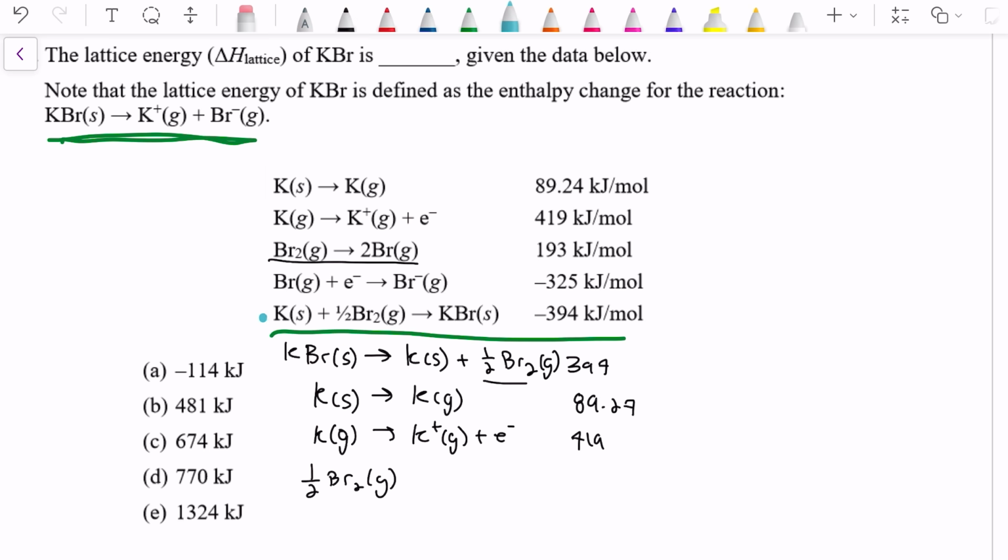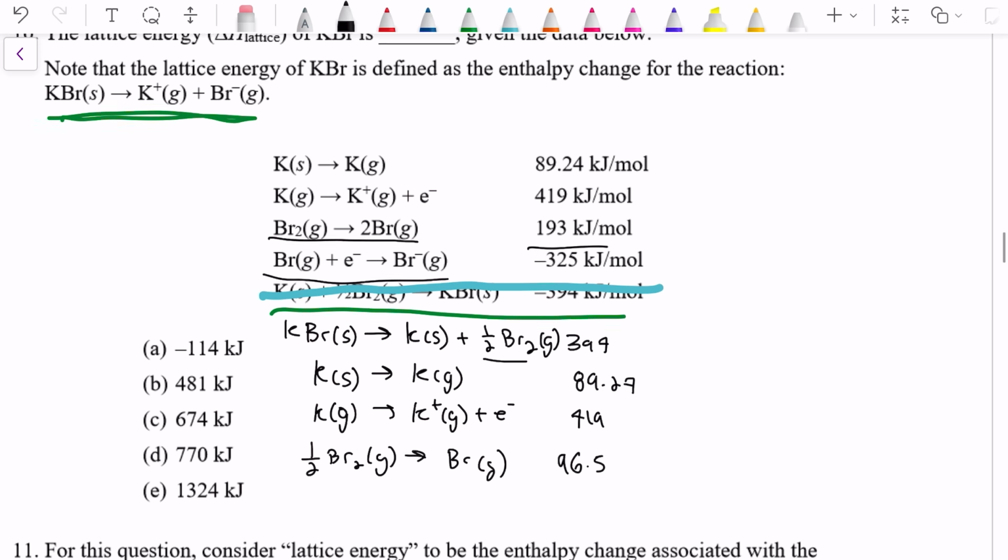Anyways, I'm going to keep going. Half Br2 gas is turning into 1 Br gas. So I just divided that one by half, and this is half of 193, which is 96.5, I think. And then we're just going to do the last one to make it an anion.